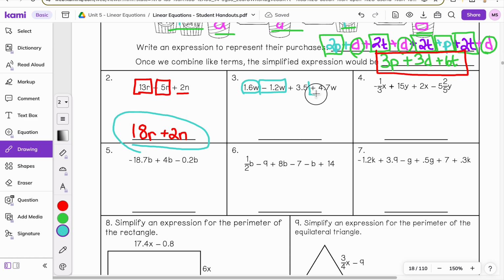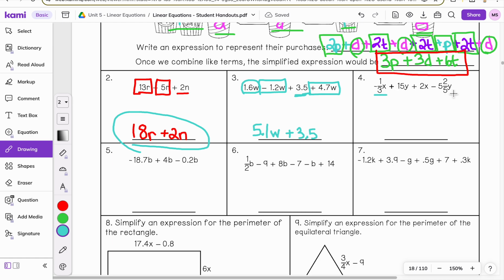And then this one is plus a W. So we're going to do 1.6W minus 1.2W plus 4.7W to give us 5.1W. And again, there's nothing that I can combine with this 3.5. It has no variable. It's just a constant. It's just by itself. So it's just going to be by itself in the expression.